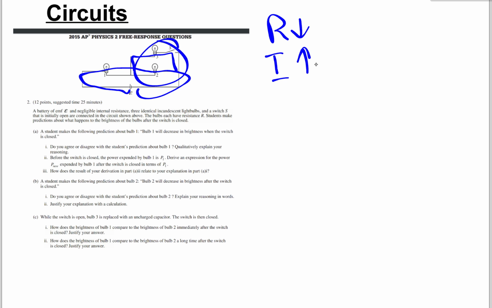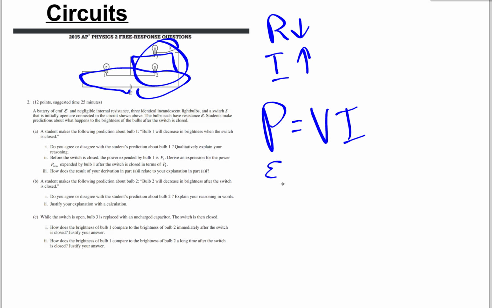So P equals V times I. We really have to analyze this whole circuit. We have EMF E, that's our total voltage.